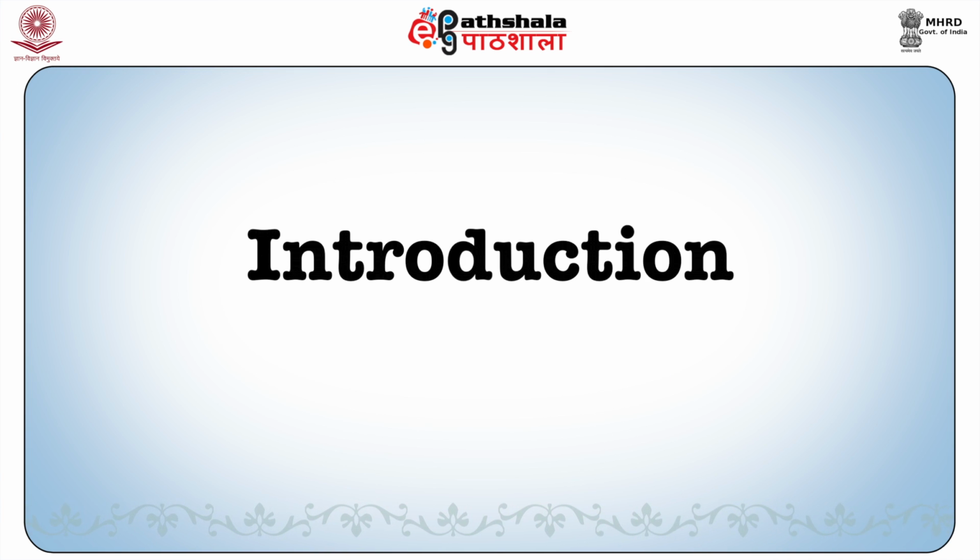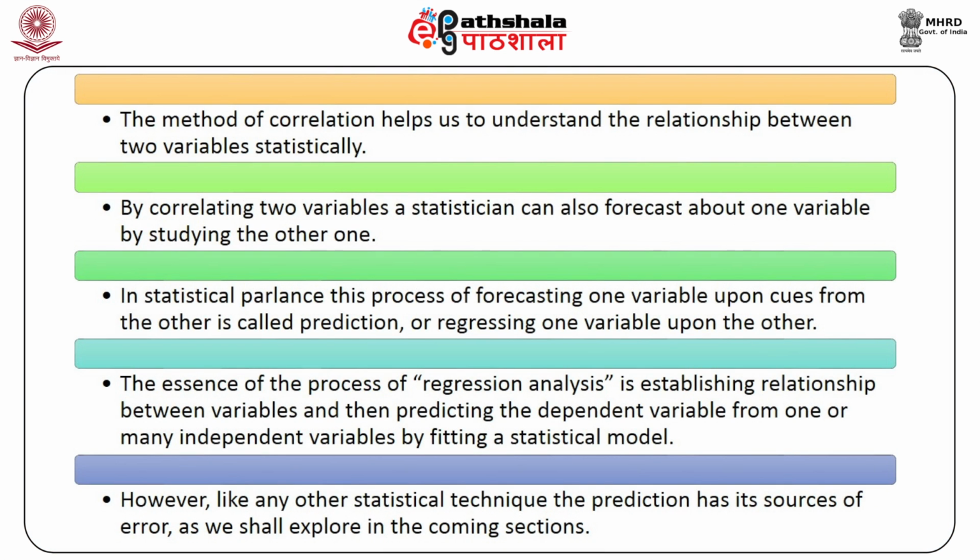Introduction. The method of correlation helps us to understand the relationship between two variables statistically. By correlating two variables, a statistician can also forecast about one variable by studying the other one. In statistical parlance, this process of forecasting one variable upon cues from the other is called prediction, or regressing one variable upon the other.